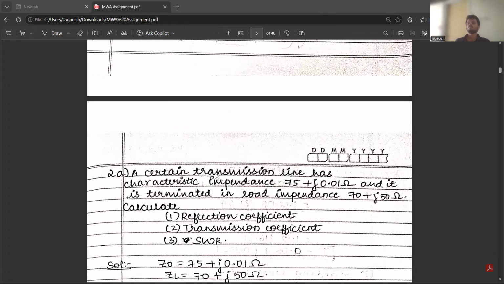Then the characteristic impedance, reflection coefficient, transmission coefficient, and SWR. To practice more, if you want more problems, focus on the reflection coefficient, the transmission coefficient, the propagation constant, and the SWR.